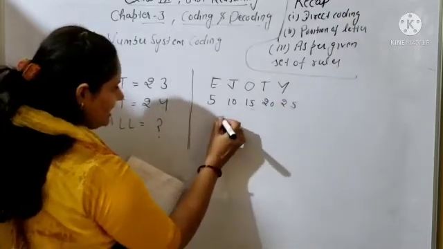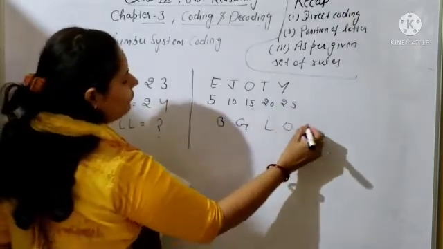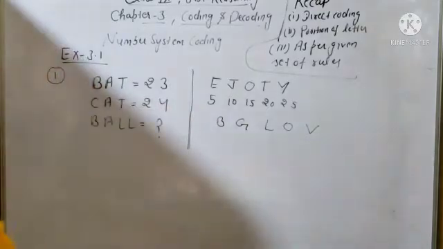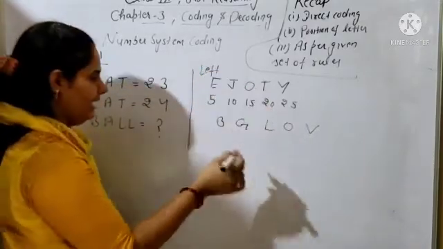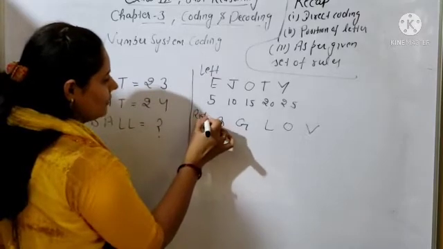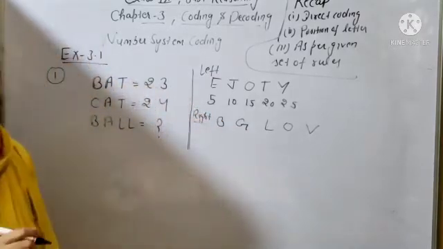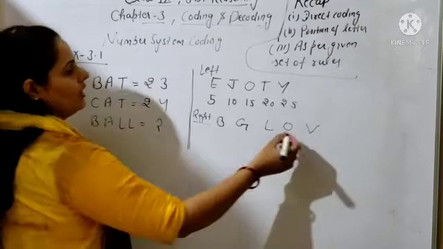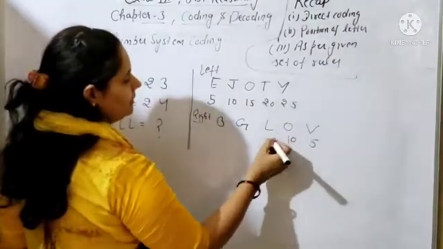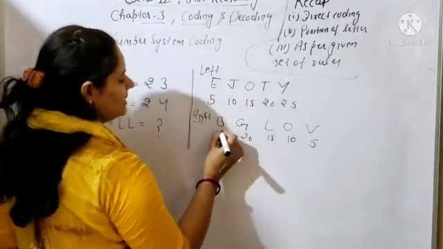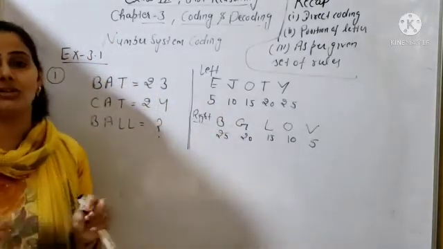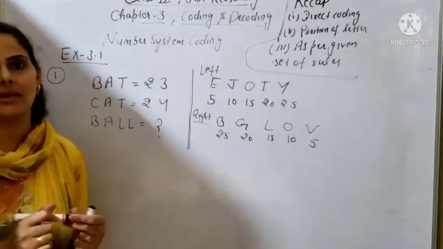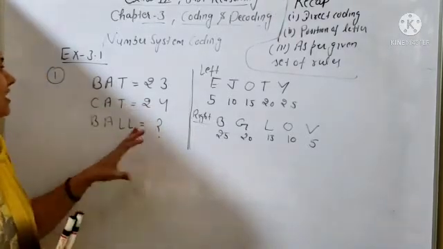And the second one you will learn is B, Z, L, O, B, if you are starting from the right-hand side. This first one, E, J, O, T, Y, you start from the left-hand side, from the letter A, and the other one you start from the right-hand side, from the last letter, Z. So E will be at the 5th place, J at the 10th place, O at the 15th place, T at the 20th place, and Y at the 25th place. Clear? You can learn these two rules for position of letters in English alphabet, beta, because this is position of letters.